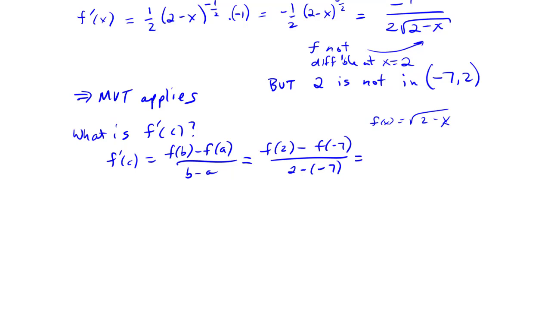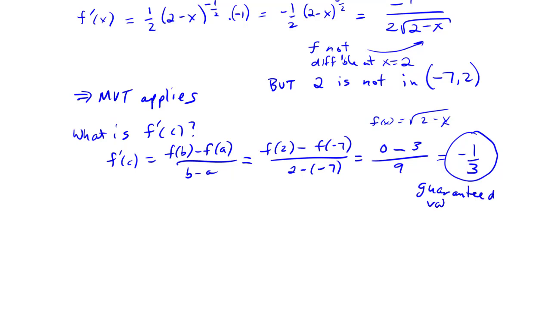So f of 2 would be 0, minus f of -7, which is 2 plus 7, the square root of 9, that's 3. Over 9, so we get -1/3. So there is our guaranteed value of the derivative. Not our answer yet, but that's the guaranteed value of f prime.